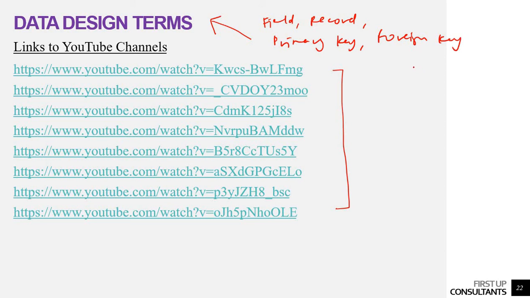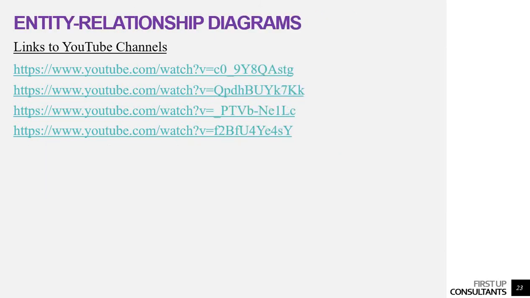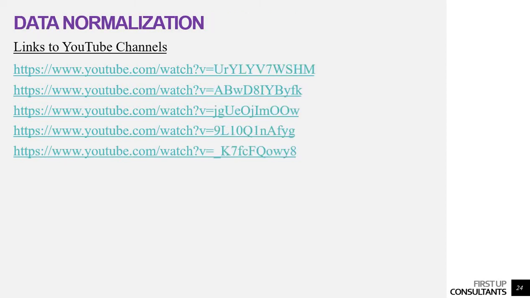Those are among the data design terms. And these are the links to draw entity relationship diagrams, and these links will guide you or refresh your minds regarding data normalization from the first normal form until the third normal form.